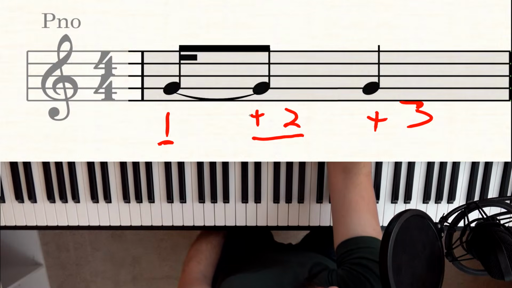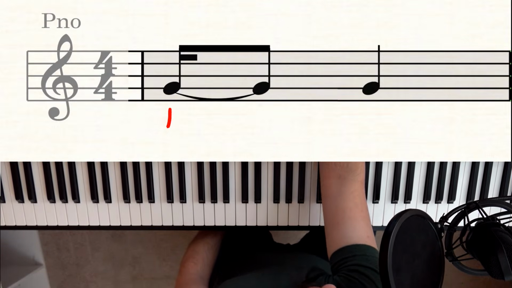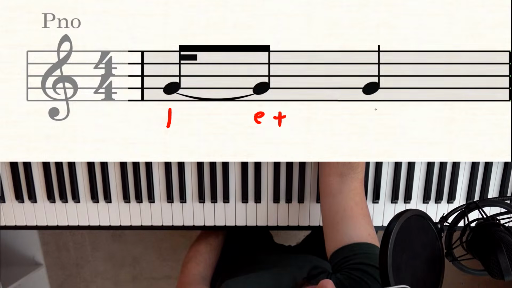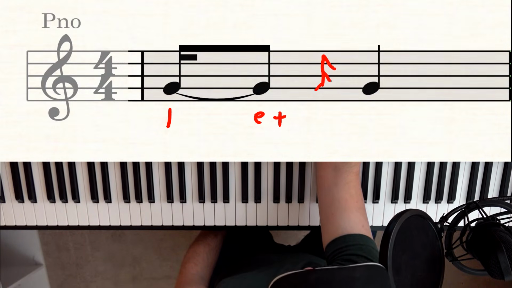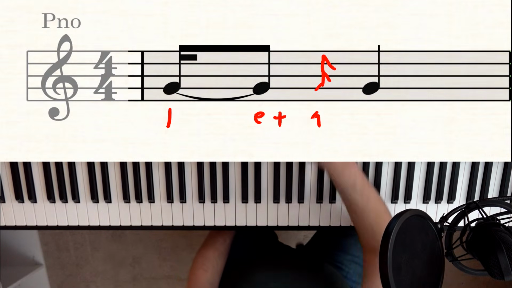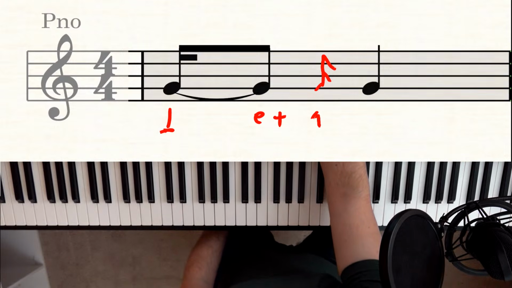We are subdividing by 16th notes. Forget everything I said. So this is actually still beat 1, and then this is actually E and. That's what I meant. And this hits on, let's see, there's another 16th here. That would hit on to make things nice and easy. So what I like to do is chart out my point of attack. I'm hitting beat 1, and then I'm holding over.